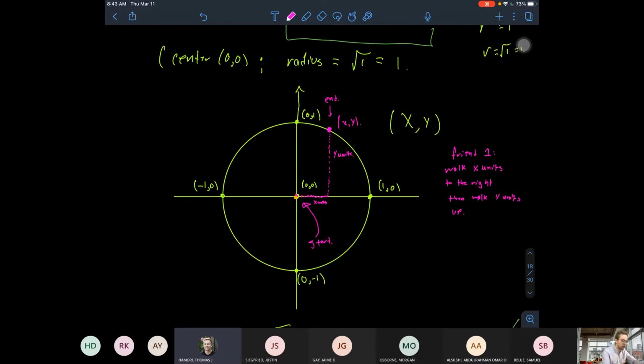And this is how we're used to understanding locations in the Cartesian plane. We say, well, a location in the Cartesian plane is just basically the set of directions for which you walk x units left or right and then y units up or down. That's how we understand locations in the Cartesian plane.